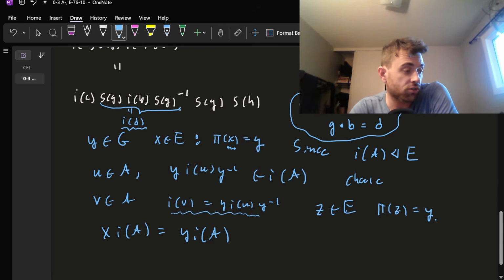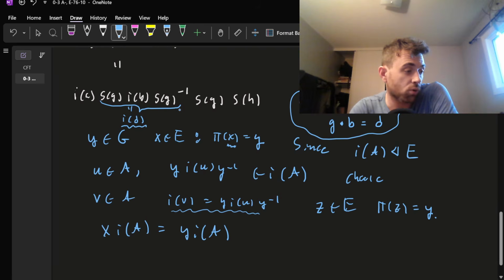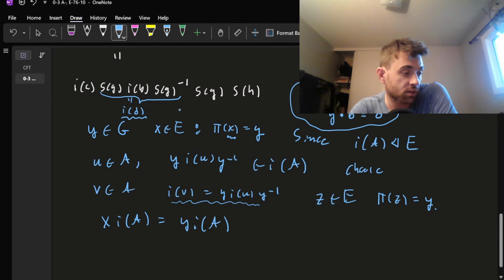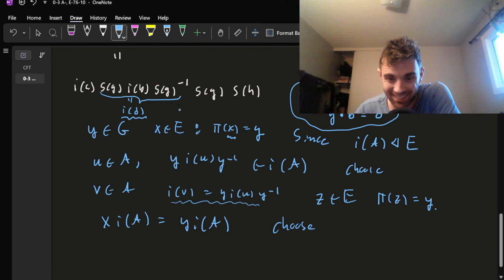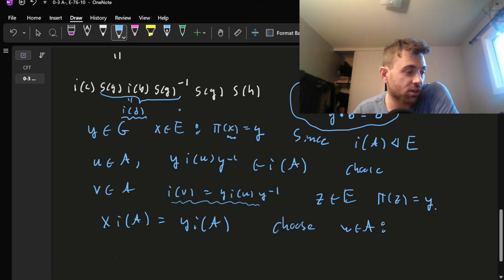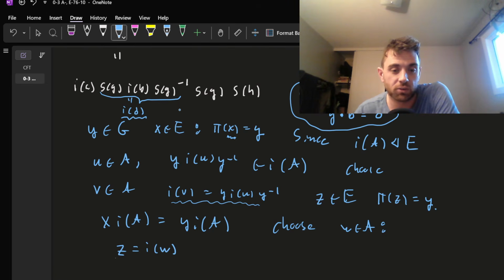And this means that, oh boy, I've messed up my notation. This means I can choose a W in A such that z is equal to x I(W) times x on the left here.